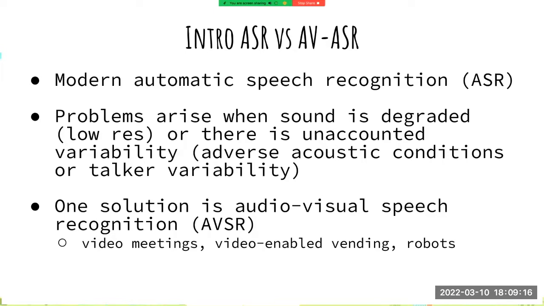Just some historic background: modern automated speech recognition systems have been modified and improved a lot. Initially, when they started in the 80s and 90s, they were not as good, but currently they're pretty good.